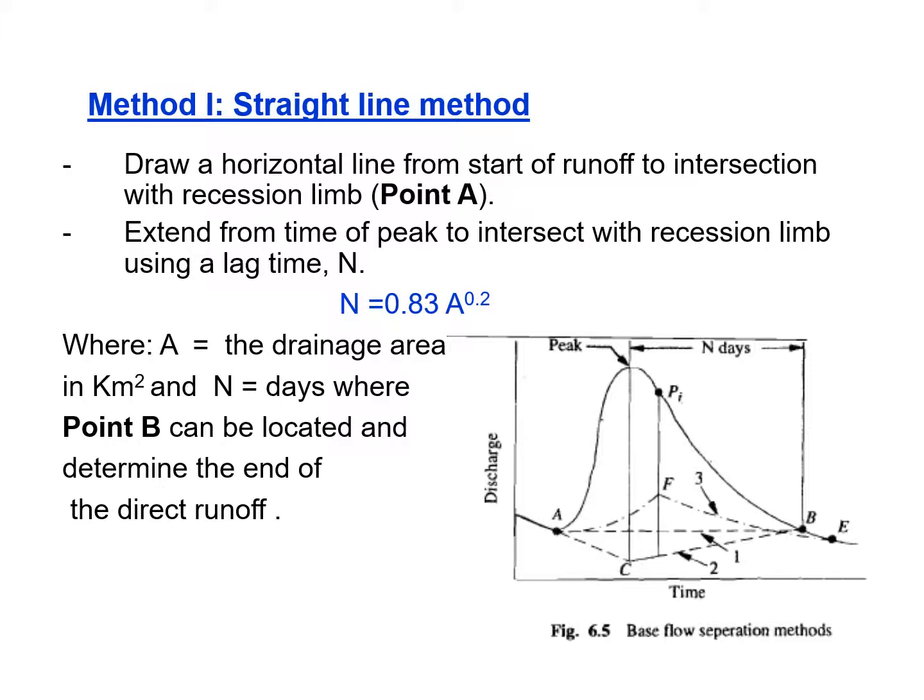Point B can be located at the end of the direct runoff. So you have a straight line from point A to point B.